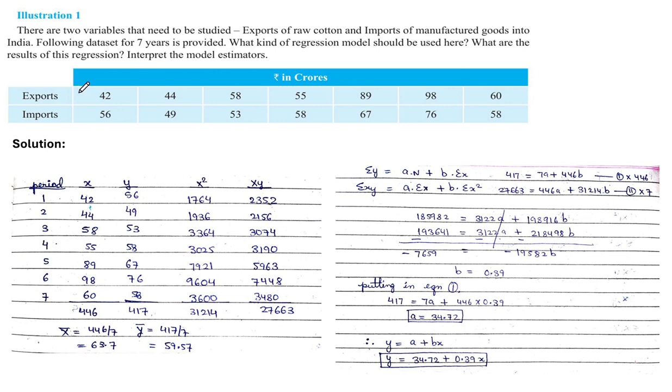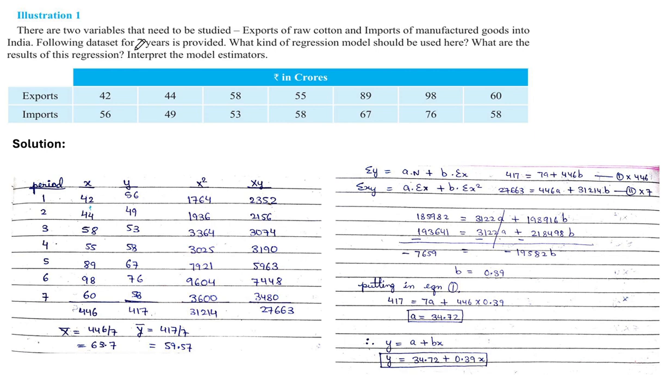Now we will solve the first question. First, don't jump into calculation. Always understand the question carefully. So let's read the question step by step. There are two variables that need to be studied: export of raw cotton and import of manufactured goods into India.